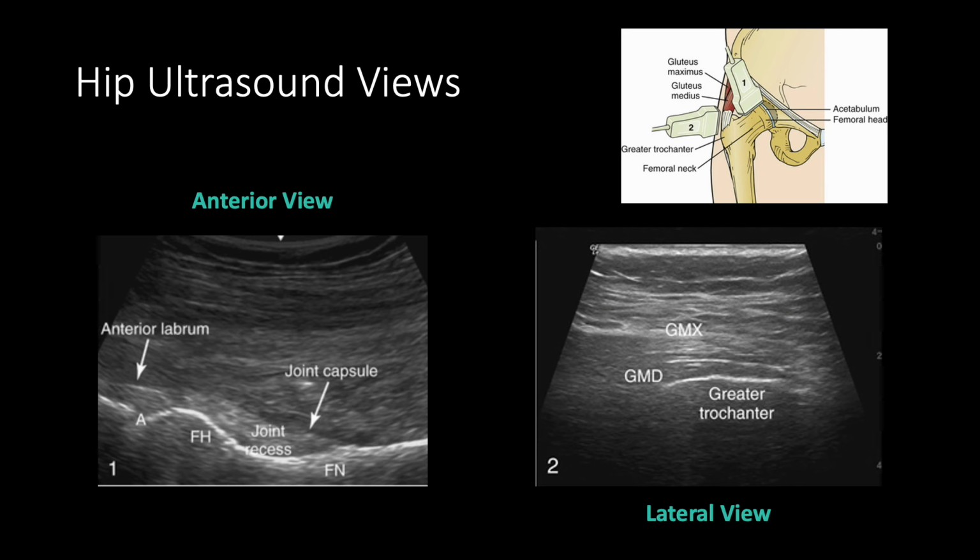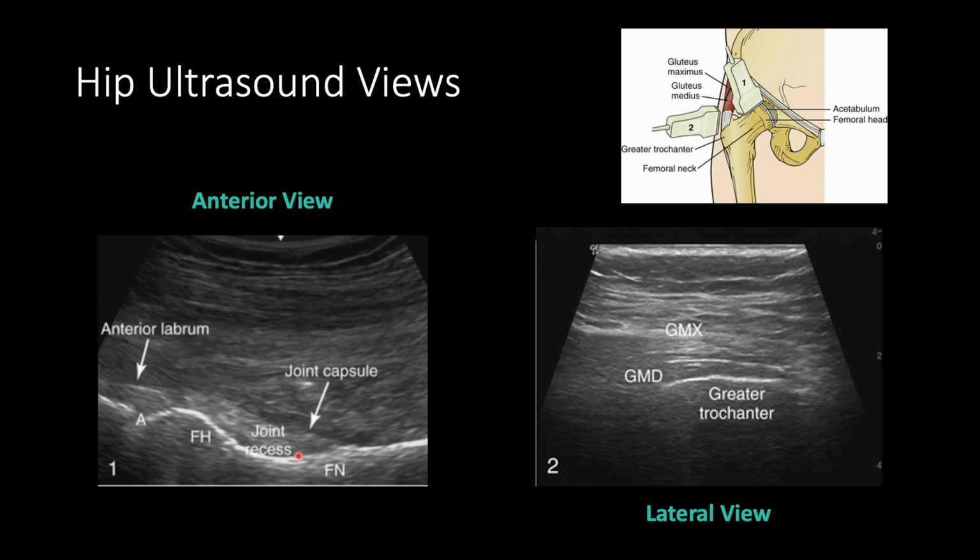This view allows us to see the joint capsule and the joint recess caused by the femoral neck and femoral head, which we can see here as, let me get my pointer, the bony contour of the femoral head, and then this little joint recess with the capsule above it, and then the anterior labrum and the acetabulum up here at the more superficial cephalad portion of the joint when viewed longitudinally.